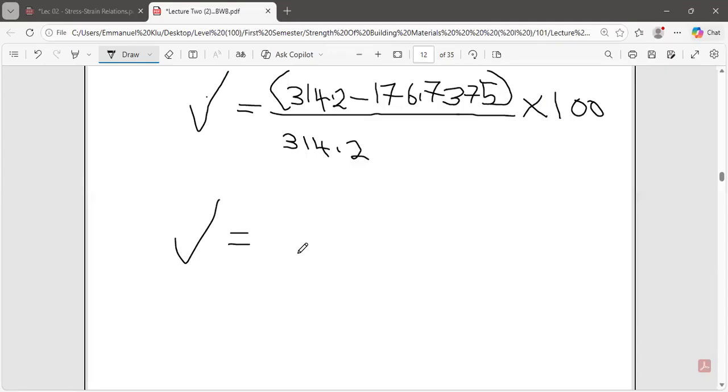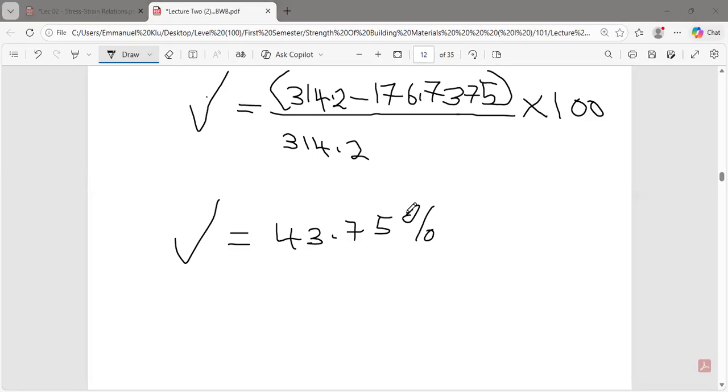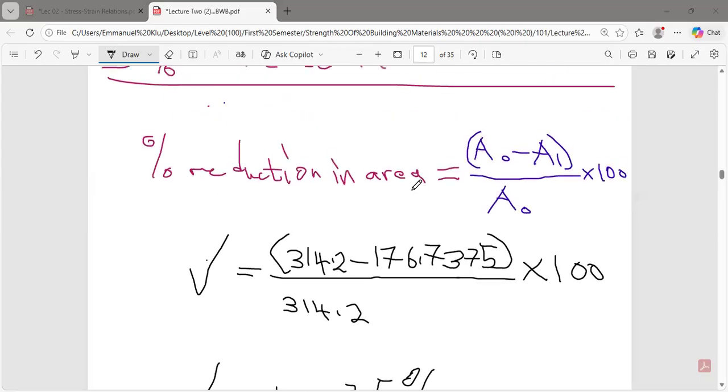Quickly punch this together: 314.2 minus 176.7375, close the bracket, over 314.2 times 100. We are going to get 43.75%.